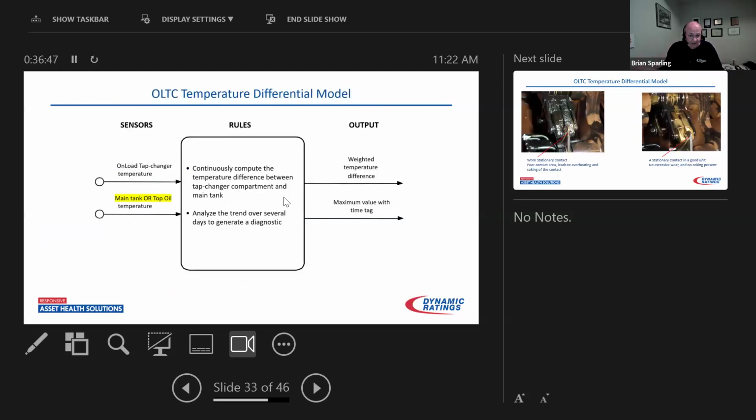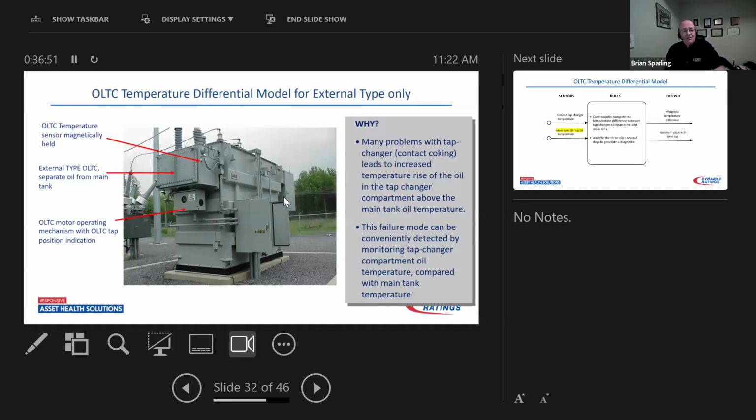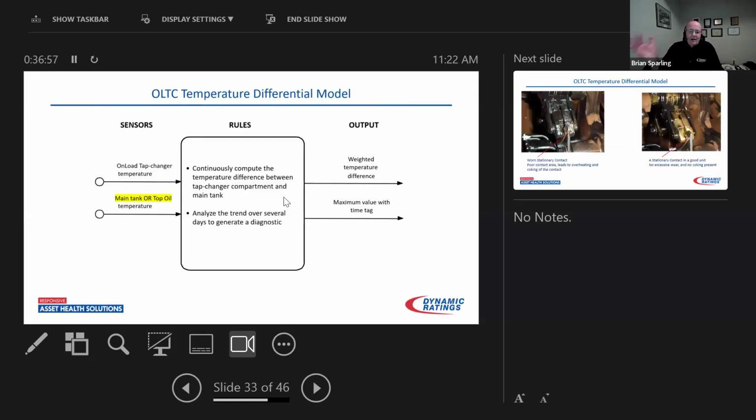So it's a simple model. You measure the temperature on both the tap changer, and you can see magnetically mounted a temperature sensor, and another one on the main tank. And you do a calculation inside the monitor. It measures the two temperatures, and then computes a temperature difference over a rolling 24-hour period of time. So it's a weighted temperature difference.